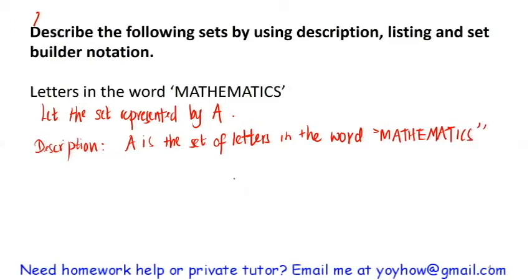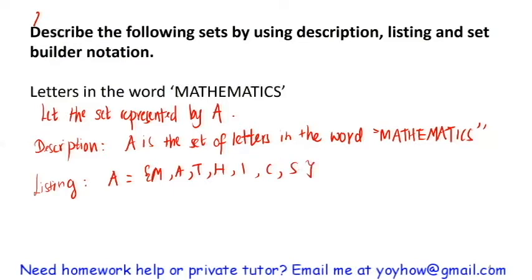All right. And then next we have listing. How do we list? I would say listing is actually one of the easiest ways. A equals to, we open a bracket. We have mathematics, so M, and then we have A, T, H, I, C, S. We list all the alphabets.